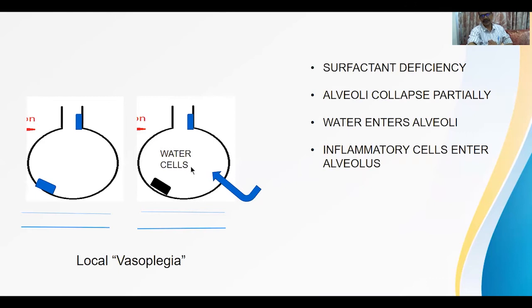Cells means inflammatory cells. Now this water and cells will lead to some amount of gasless situation. The alveoli become partly gasless. They collapse. But here collapse is partial, not complete like C-type. We'll come to know about that. So here we are dealing with pneumocyte type 2 dysfunction, compromised integrity, water and cells coming inside, and alveoli collapsing partially.